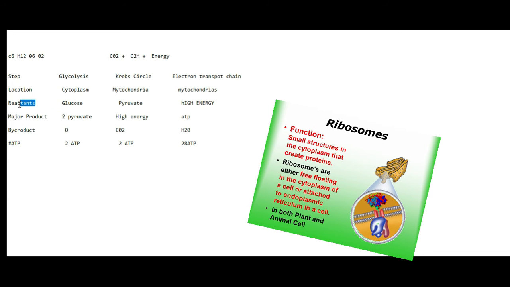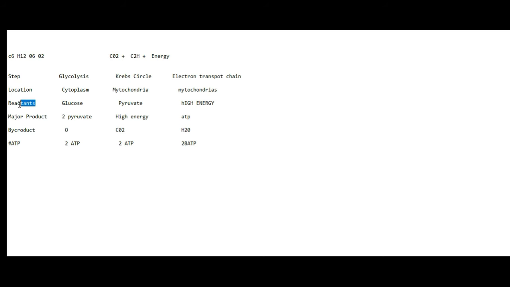Cells have a nucleus, and you can also imagine the endoplasmic reticulum, and I put in a very large mitochondria. So this is an important step: glycolysis occurs in the cytoplasm.